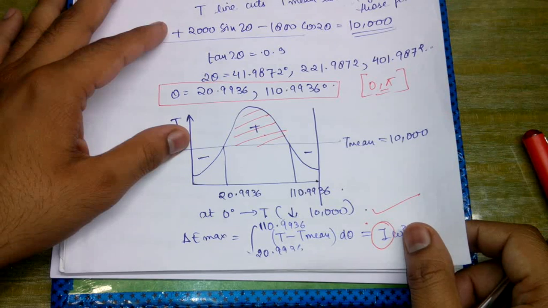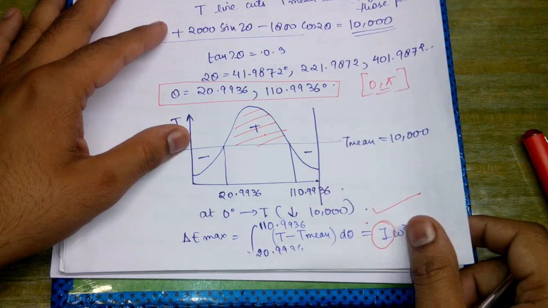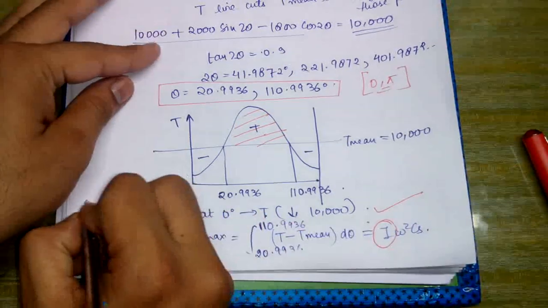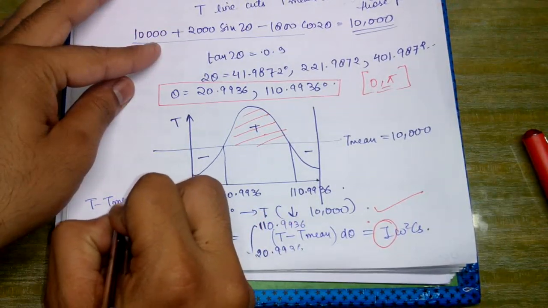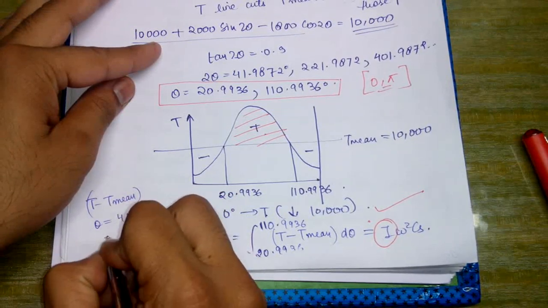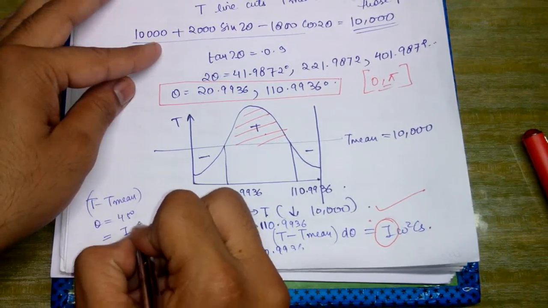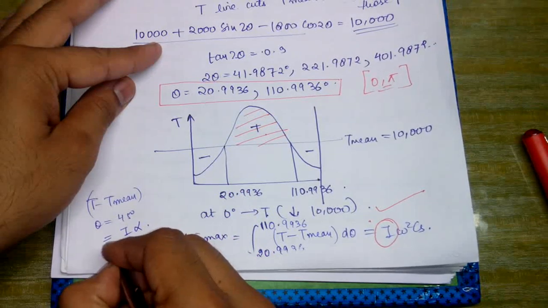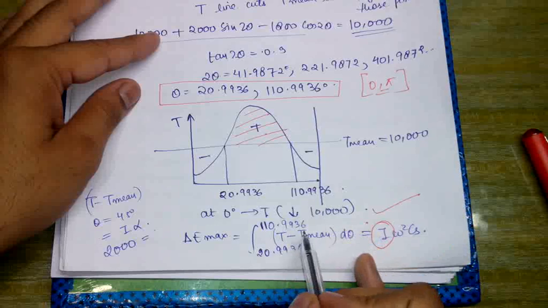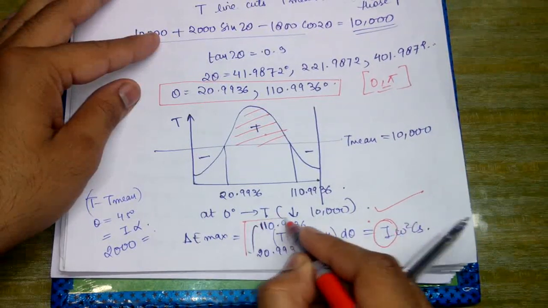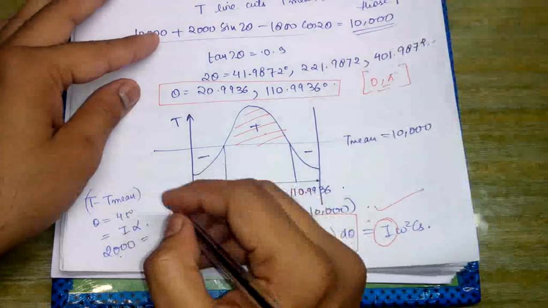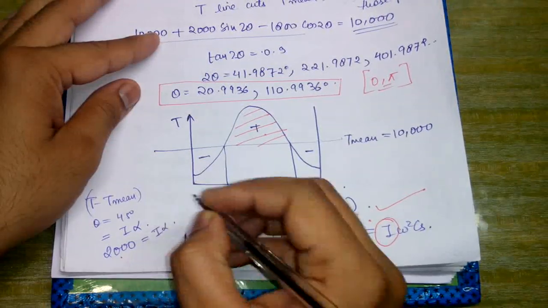Now from the diagram we know that T minus T mean at theta equals 45 degree is simply equal to I into alpha. So 2000 equals I into alpha.